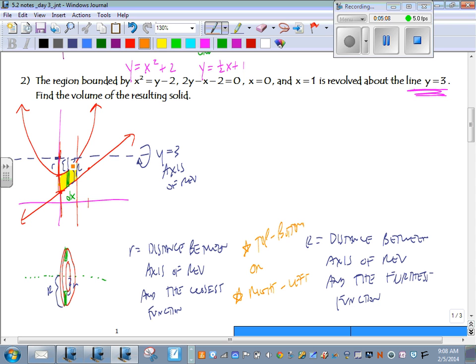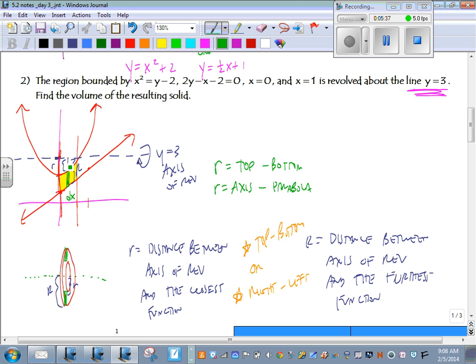For our little radius, we're going to do top minus bottom. So in this case, the top part to find our little radius is going to be the axis of revolution, minus the bottom part, which is the parabola. And you don't necessarily have to write all this stuff every time, but just so you can see it and look back at it.